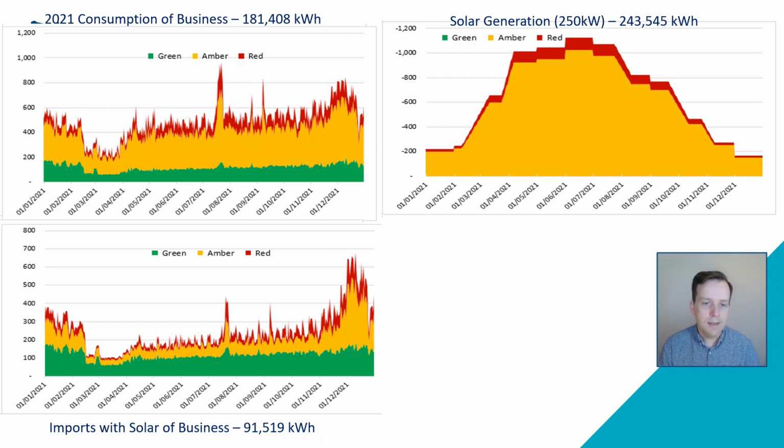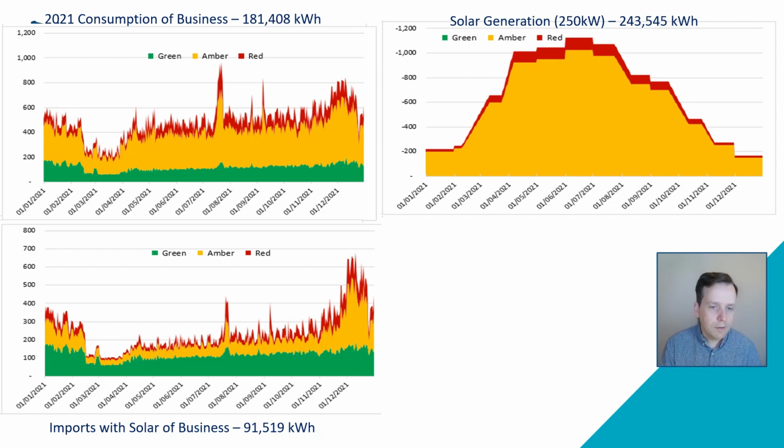And what you can see before is a significant chunk of the amber and, to a lesser extent, of red, but still some red, has been removed from the import. So your new import consumption looks like this. The green is virtually the same. Just bear in mind that the scale has slightly changed. So we're at 600 at the middle of the chart. 600 is now up here.